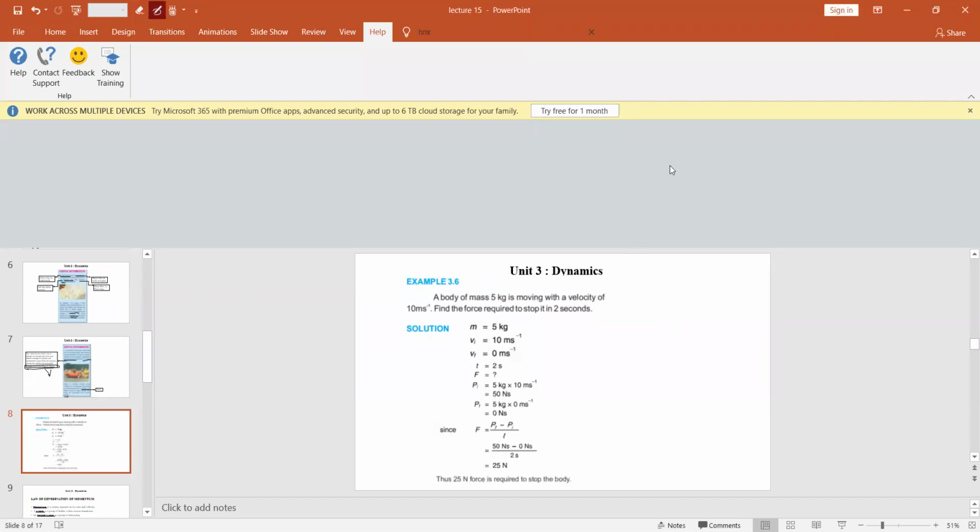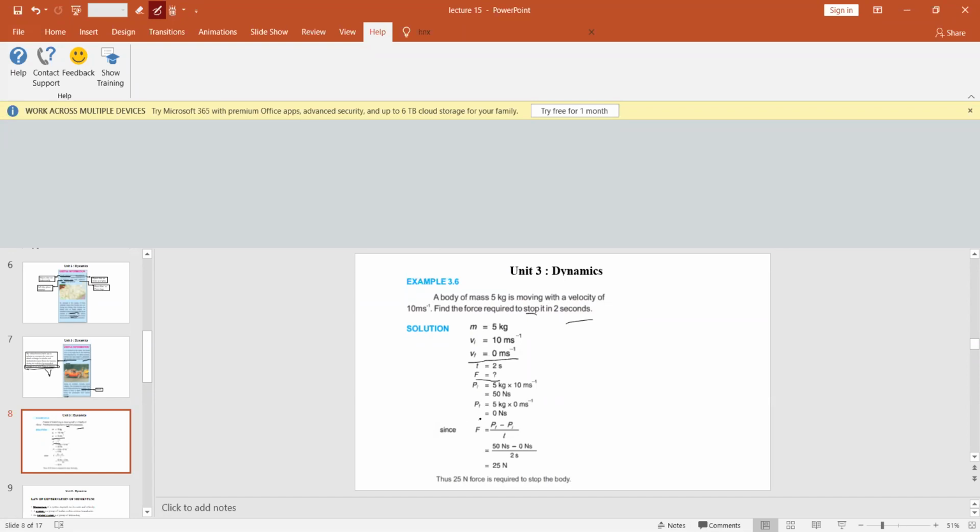So the mass is given over here, which is 5 kg, and the velocity is 10 meters per second. And now you have to find the force required to stop it. Stop means the final velocity is equal to 0 meters per second. Whenever the word stop is used, it means you are dealing with a final velocity equal to 0 meters per second, and the time is 2 seconds, right?